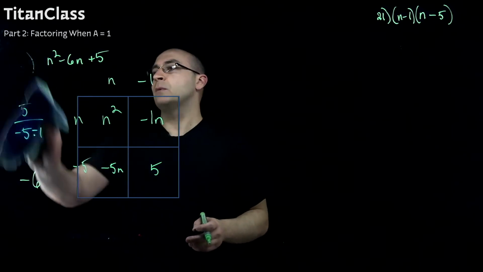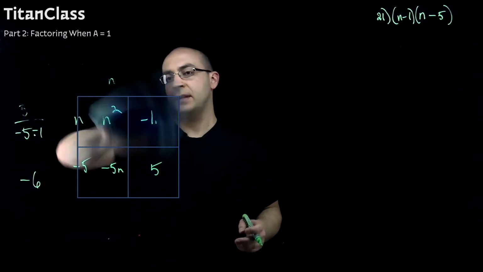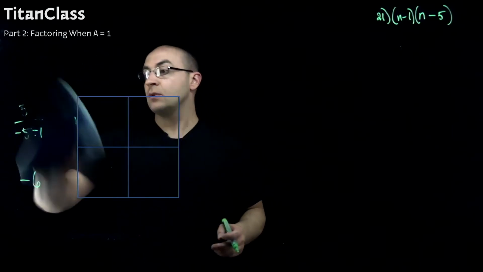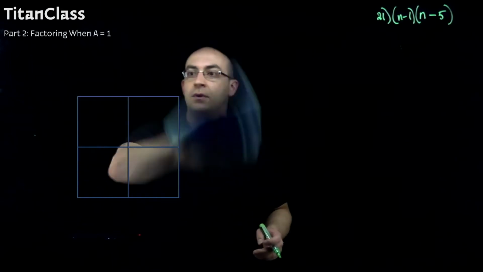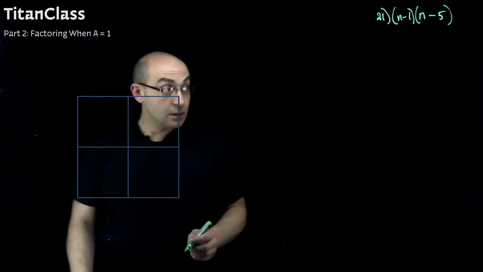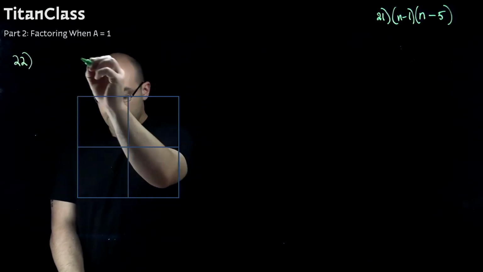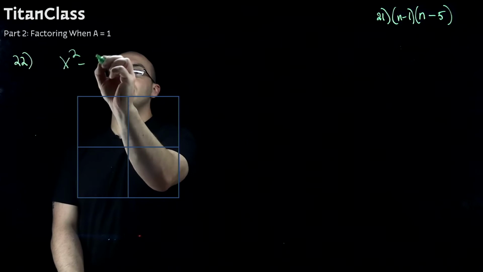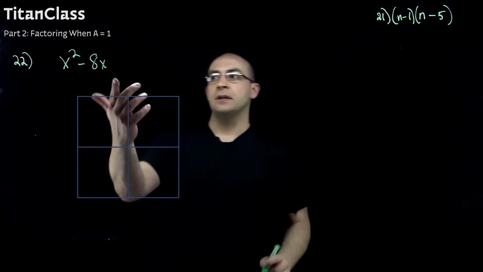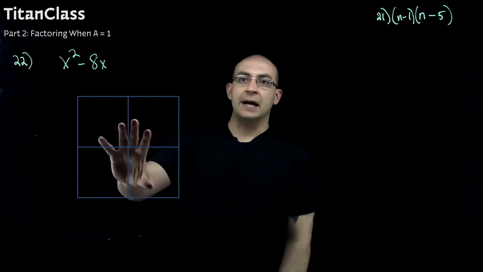Okay, one more and we're done with the set. And then we'll move to something else. 22. And again, this is kind of one of those tricky ones. This is going to be a 2-termer, x squared minus 8x. Nothing else behind it. Still have a as 1 though. Not going to use the area model.